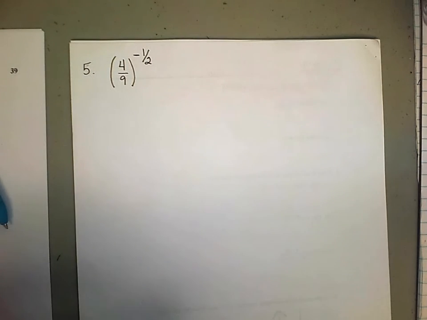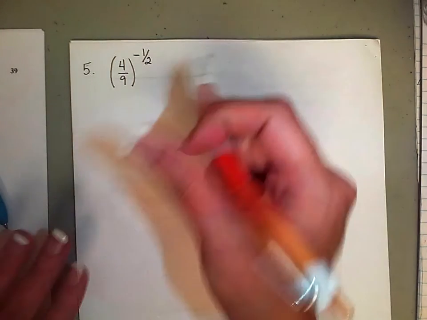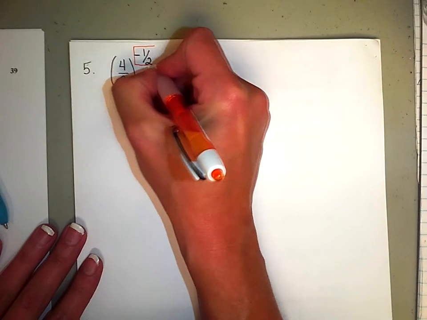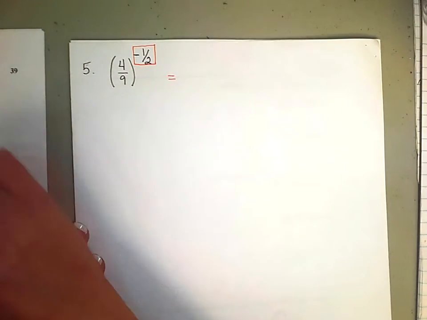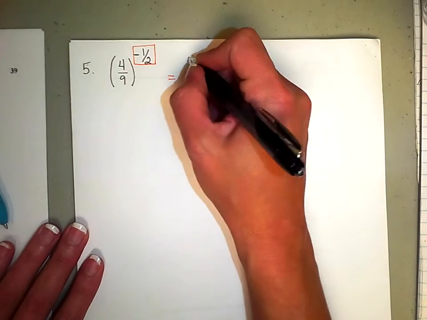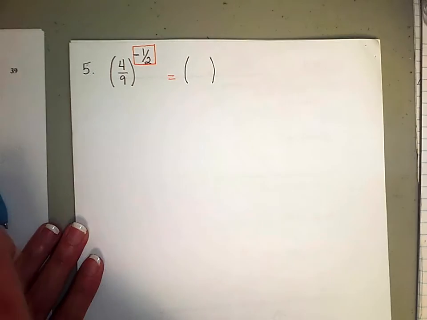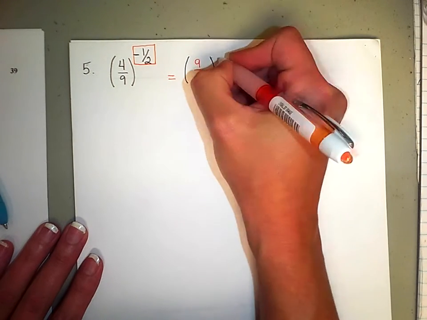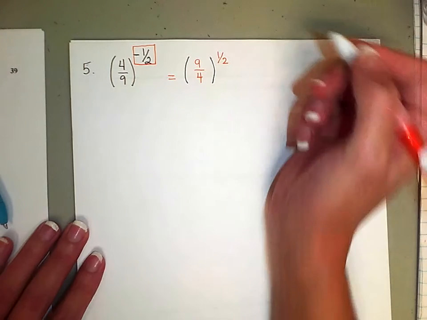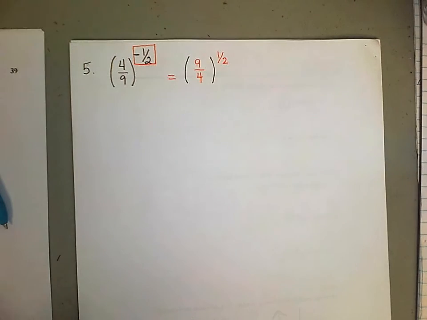Again, my personal preference is to get rid of the negative exponents. So to do that, we'll use the rule that says I can take the reciprocal of what's inside, and now the exponent will be positive.